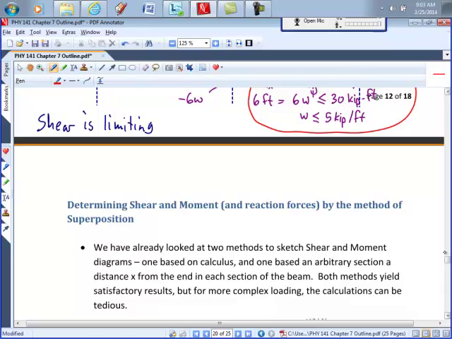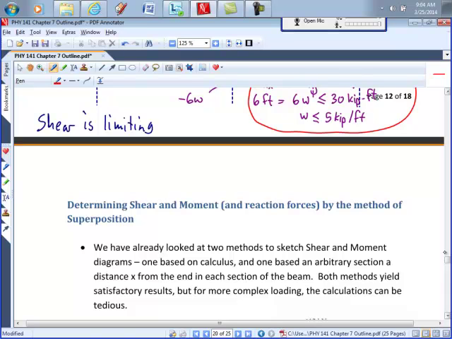So what this does is it takes a complex loading and then it breaks it down into a number of simpler loadings. So if we've got a distributed load and a point load, well, we analyze the shear and moment diagrams and the support reactions if there's just the distributed loading, and then we would do it just for the point loading, and then we would add those together at the end. That's the principle of superposition.